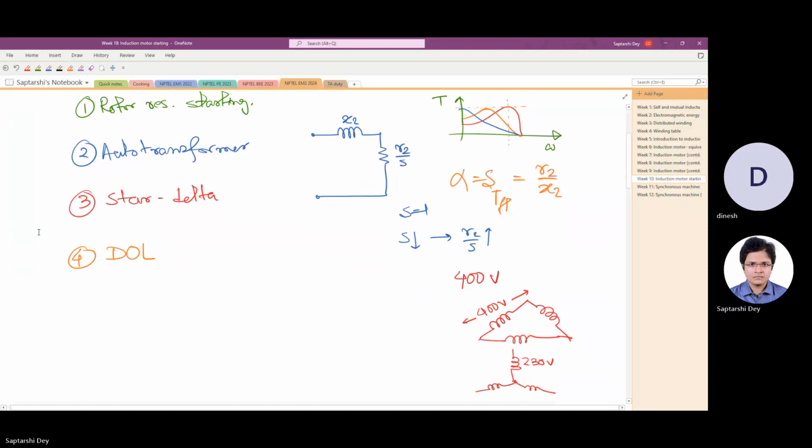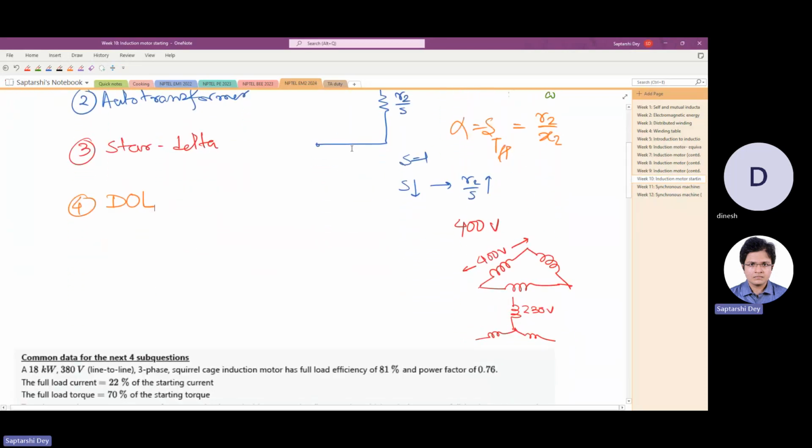Now the basic theory behind starting is the relation between the torque and the voltage. If we ignore the stator impedances, then what we are left with is this.